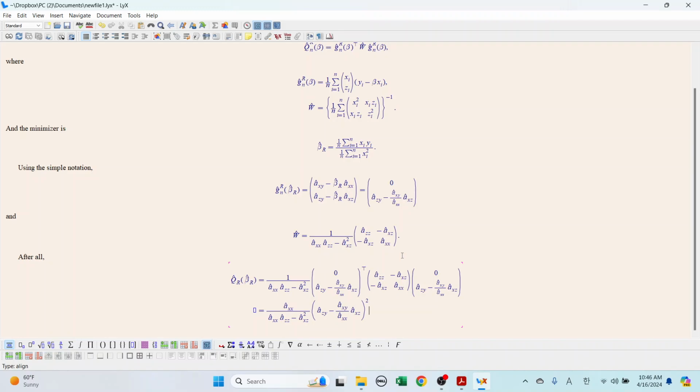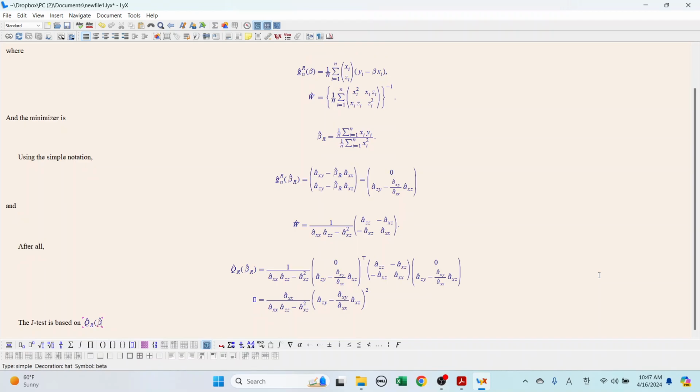Okay, and remember, the correct J test is based on the difference, restricted criterion minus unrestricted criterion. But the unrestricted criterion was 0 at the minimum because there was only one moment function that is satisfied by one parameter.